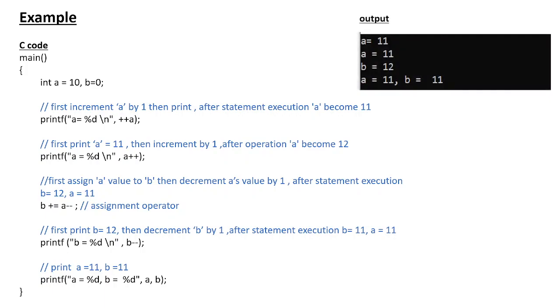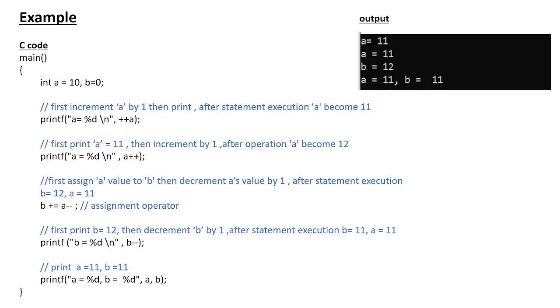Then coming to the next line, it will first print, then it will increment by 1. The previous value of a is 11, so first it will print 11, then it will be incremented by 1. So after this statement execution, a's value becomes 12.